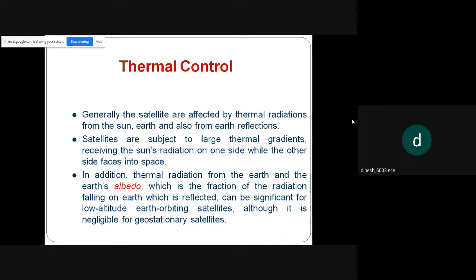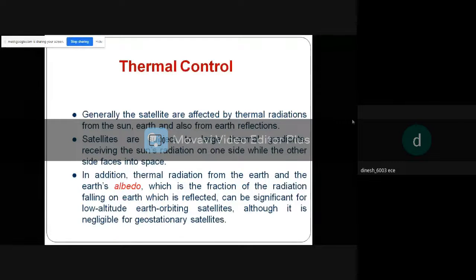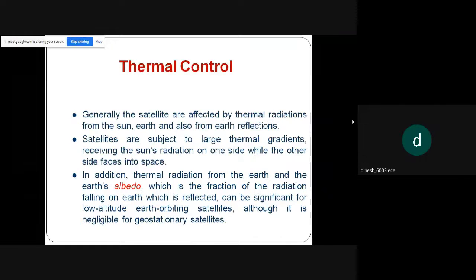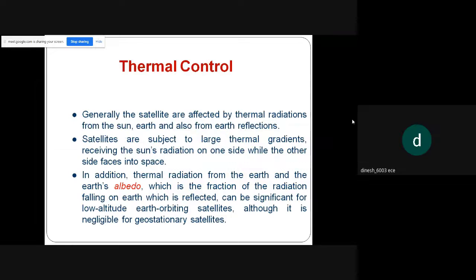The albedo effect will be present, whereas these are not present in geostationary satellites. Why? Because we will be placing the geostationary satellites with the rotation of axis and speed the same as that of Earth. So it is negligible in geostationary satellites. But the Earth's albedo, the fraction of the radiation falling on the Earth which is reflected, matters only in low altitude Earth orbiting satellites.